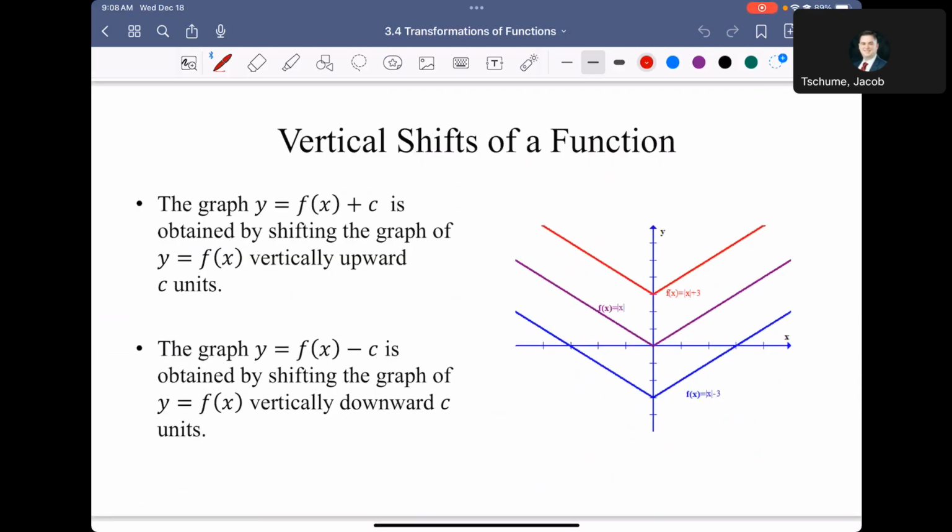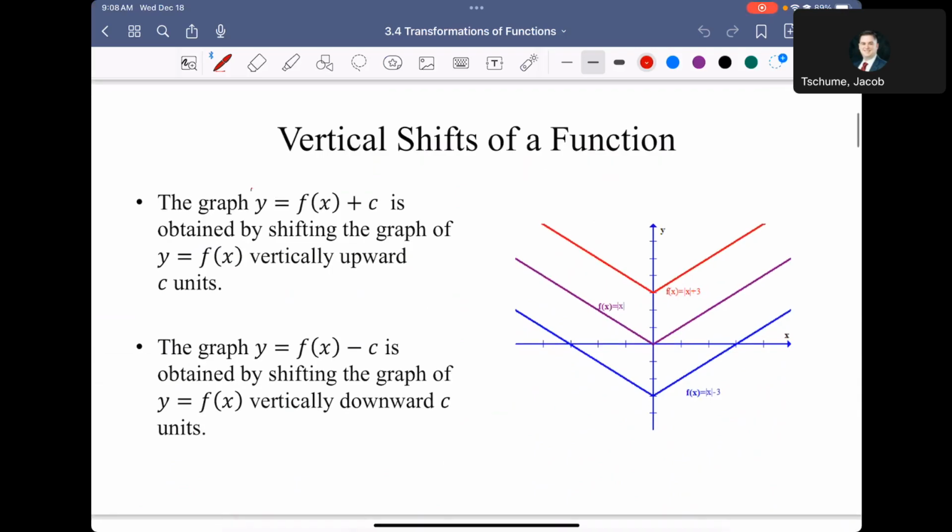And so our first one here is called a vertical shift of a function. What this essentially says is that if you are ever given a function of a graph that we know how to draw, and it either has a number added or subtracted to the end of it, this will shift it either up or down on the y-axis.